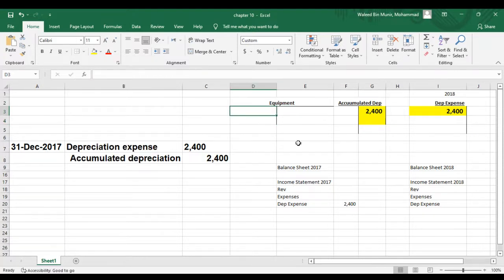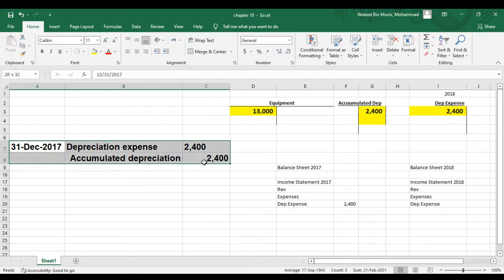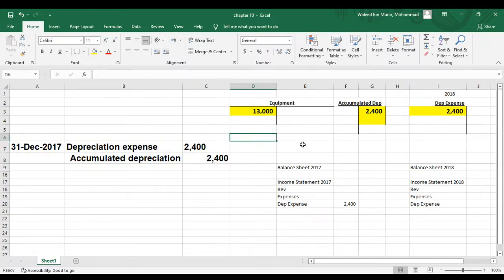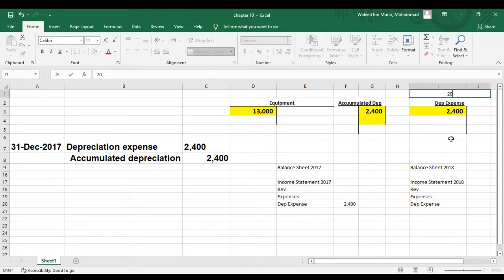Our equipment was 13,000. Okay, this is the entry. Remember, this is what we have done in 2017. Then you post it to your T account. Depreciation expense 2,400, accumulated depreciation. This is for 2017.